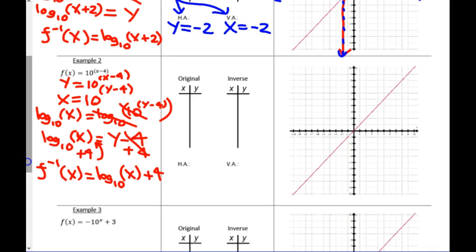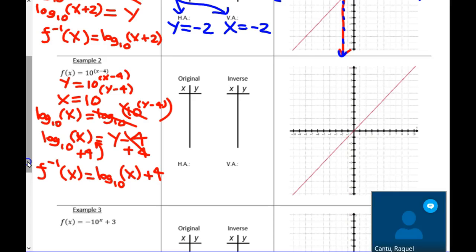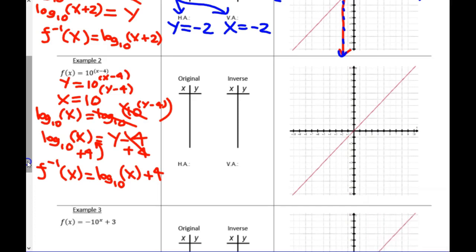Now, we did all that work to get it in the inverse function, but let's go back to the original to get the table. Okay, so let's graph this.